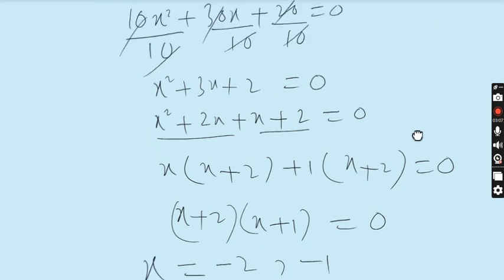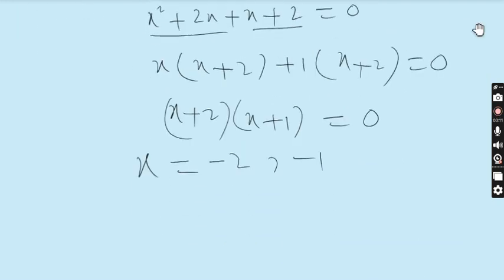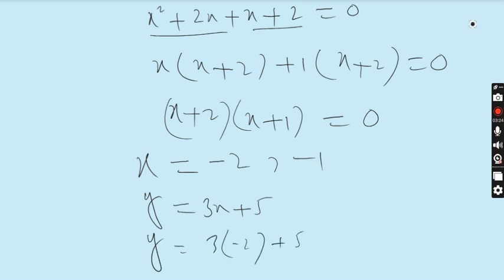Put these values in equation number 1, y equals 3x plus 5. y equals 3 into negative 2 plus 5, and y equals 3 into negative 1 plus 5.